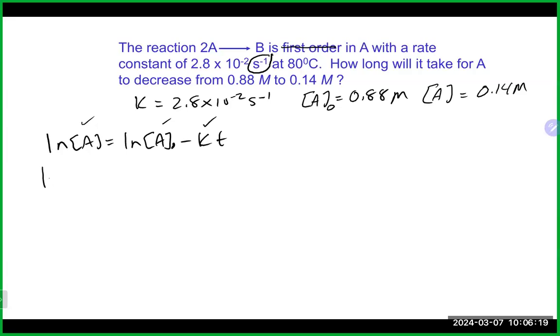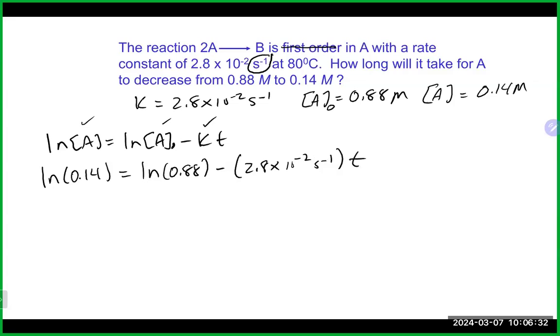That would give me the natural log of our final, 0.14, equals the natural log of 0.88 minus our rate constant times t. Personally, I would punch this in my calculator as the natural log of 0.14, and then subtract, as I bring this whole thing to the other side, the natural log of 0.88.